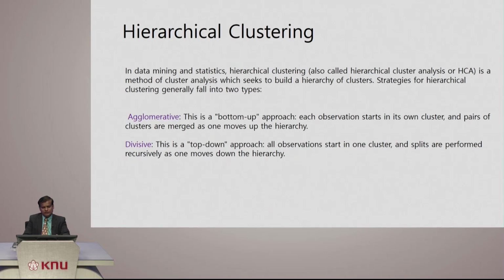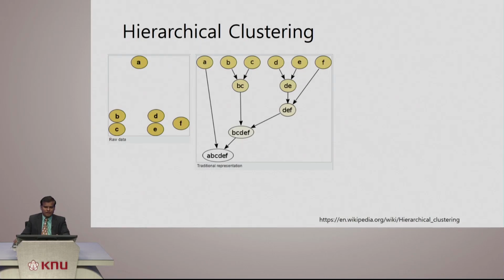So with this thought, let's see how hierarchical clustering actually works. This is the raw data that you have in hand: A, B, C, D, E, F. With this raw data you are going to use hierarchical clustering and check how this can be done.